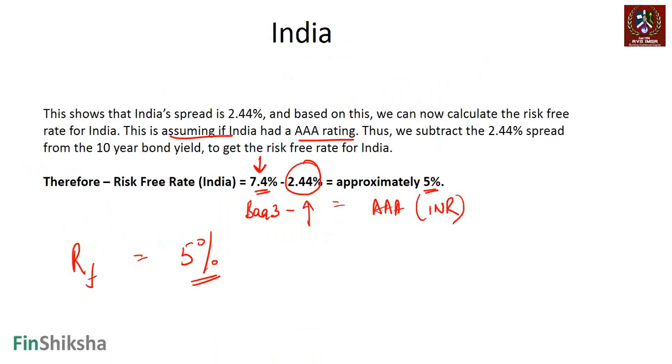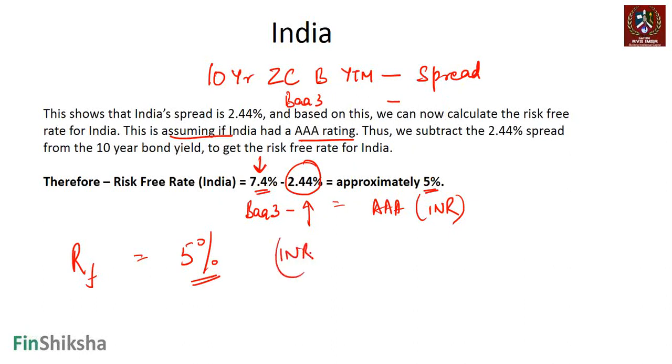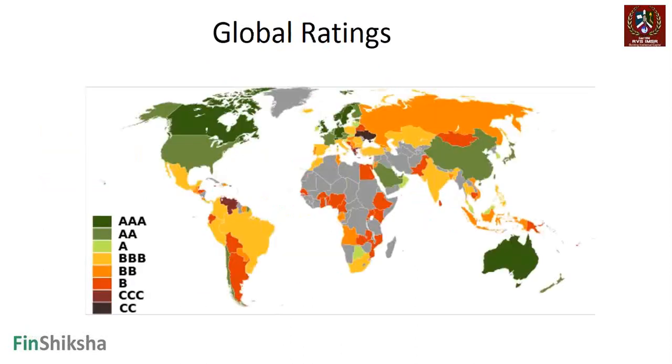So therefore, the risk-free rate in India is going to be the 10-year zero coupon bond YTM minus the spread. Remember, this 10-year zero coupon bond YTM is Baa3, and the spread is the spread between AAA and Baa3. So if you subtract the spread, what you get is approximately 5%, which is what should be the risk-free rate in Indian rupee bonds. Correct?